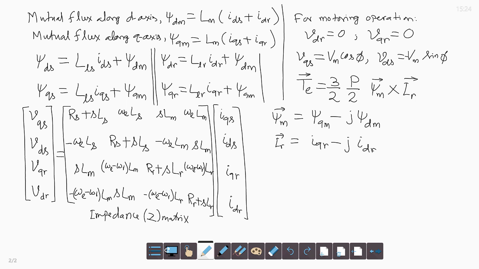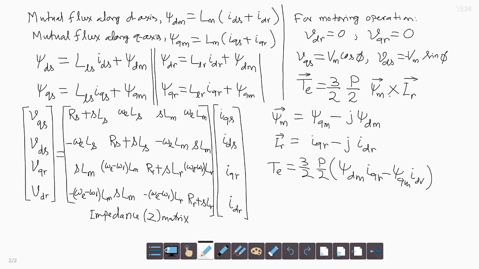Using this you can prove that the magnitude of the electromagnetic torque is 3 by 2 into P by 2 multiplied by psi d m I q r minus psi q m into I d r. It is an axial vector along the axis. So, this is the magnitude of the torque. In this expression we used the air gap flux, the mutual flux psi m, and the rotor current I r. So, we got this equation for torque.